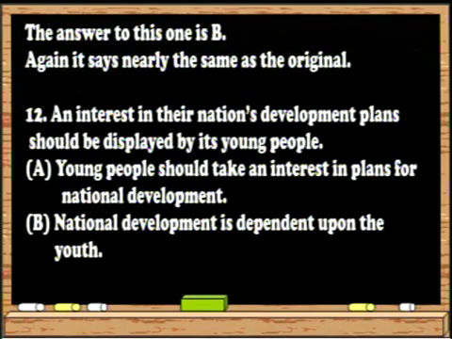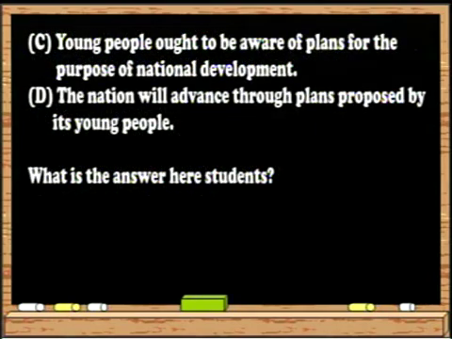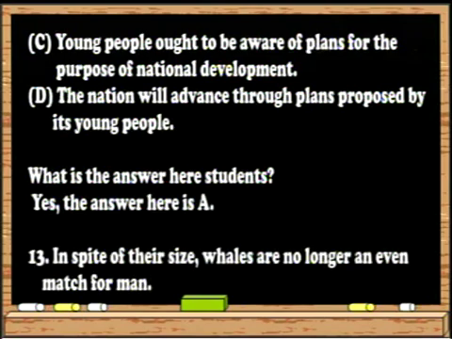National development is dependent upon the youth. Young people ought to be aware of plans for the purpose of national development. The nation will advance through plans proposed by its young people. What is the answer here, students? Yes, the answer here is A.